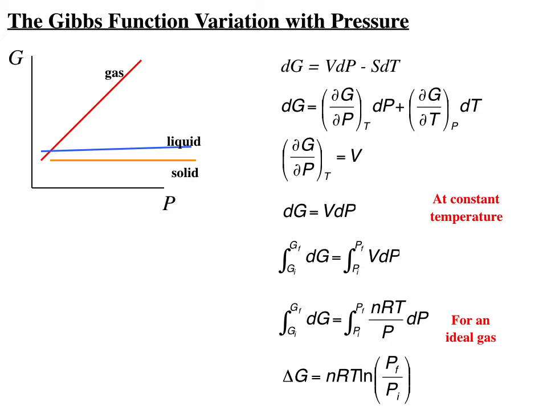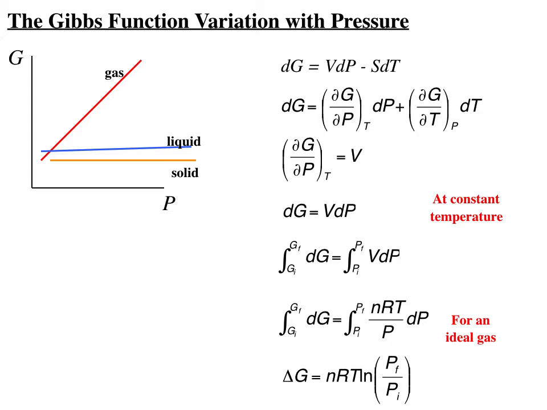Then, relying on the fact that the Gibbs function is exact, I can look at it from the point of view of the increment of change in the two independent variables P and T, as we see at the second equation. Then, by relating the second equation to the first, I see that the change in Gibbs function with pressure isothermally will be equal to the volume of the system.